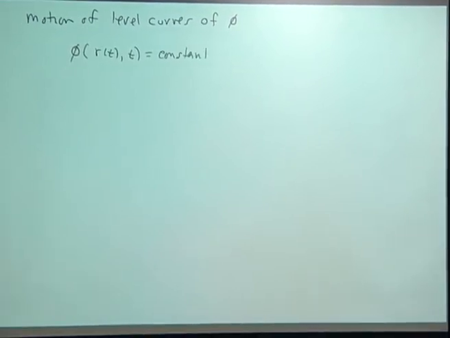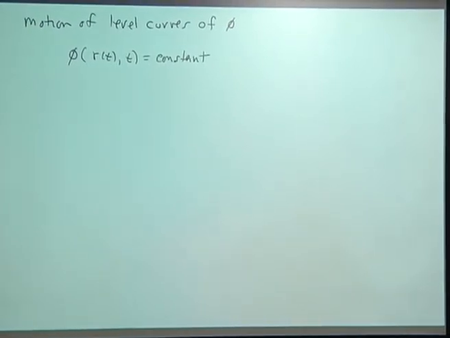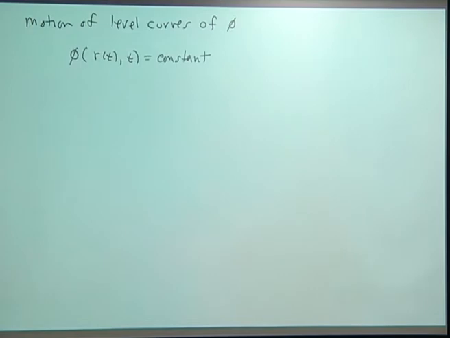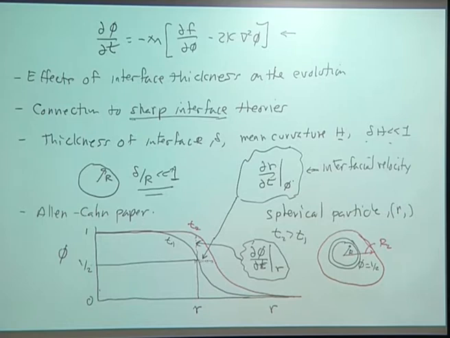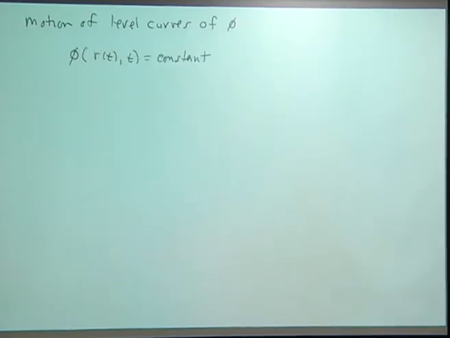And so what we're interested in is the motion of the level curves of phi. In fact, what I hopefully have convinced you of is that we're interested in the motion of phi of r and t, where r is the position, it varies with time, and phi is a constant. So it's a particular value of phi, a half, let's say. It could be any other value if you wanted to, but let's say a half just to fix ideas.